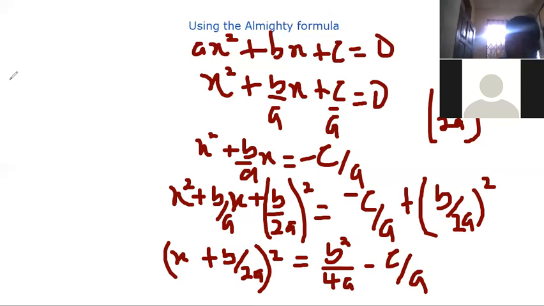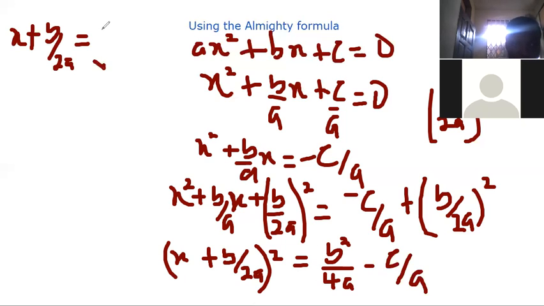So we can say x plus b all over 2a can be equal to, when we take away the square, we have to root the whole of this.